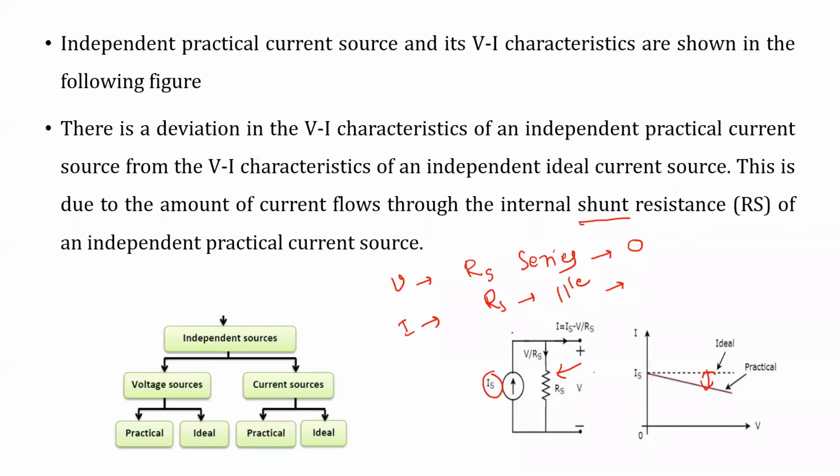In the ideal case, the internal resistance of the current source is infinity. But these two conditions are not practically available, so a practical voltage source and a practical current source will show some finite values of internal resistance. Okay.